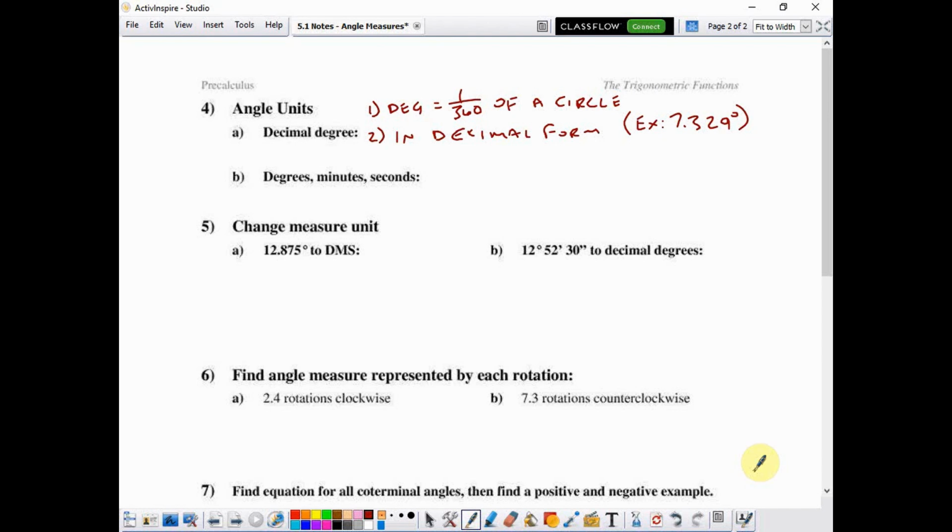One that we use a little less often is degrees, minutes, seconds. So a degree is 1/360th of a circle, and a minute is 1/60th of a degree.